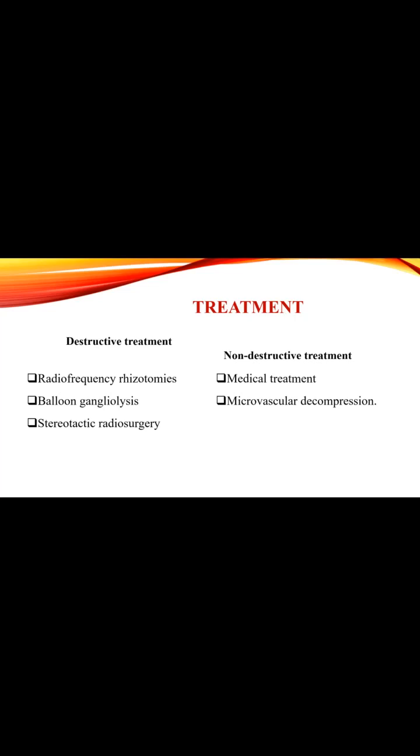There are certain possible complications associated with these destructive treatments, mainly facial numbness, neuroparalytic keratitis, or the severe complication of anesthesia dolorosa. All these are possible complications if the patient undergoes destructive treatment.